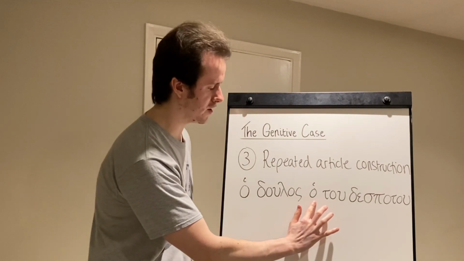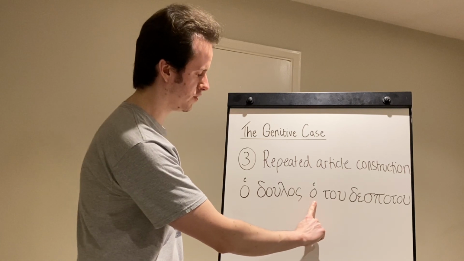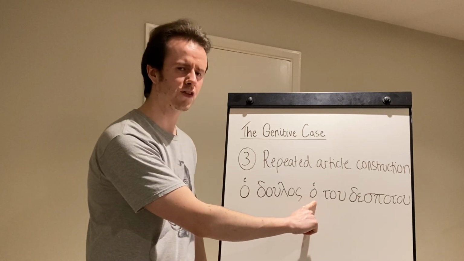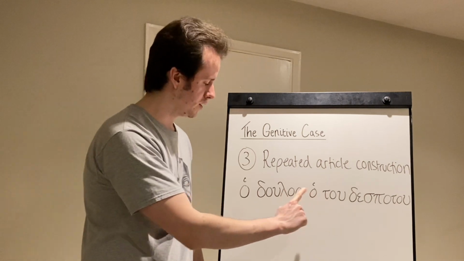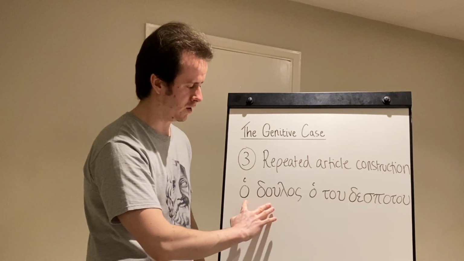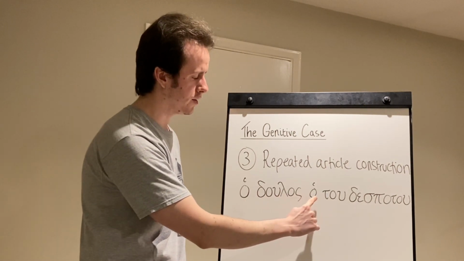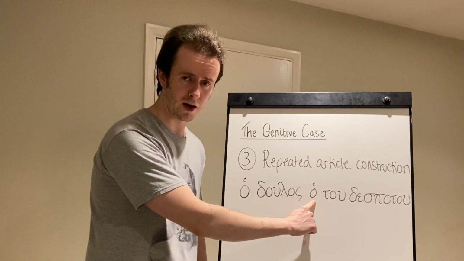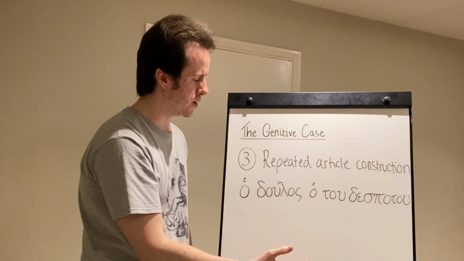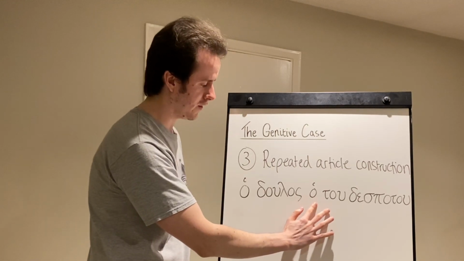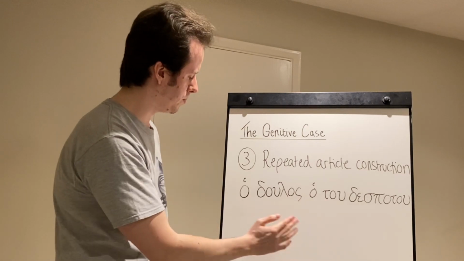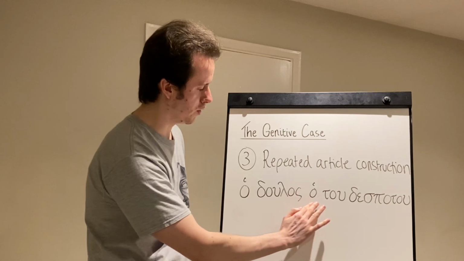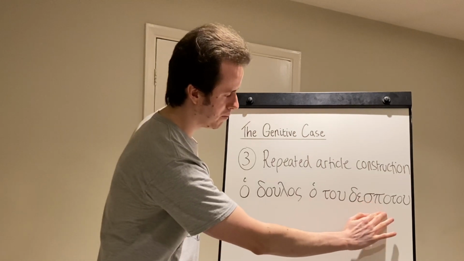And what this repeated definite article is being used to do is to essentially add more information about something that's already been mentioned. So the slave has already been mentioned, and the ho is telling you something extra about that slave. We might think of this repeated definite article as meaning the one. So therefore this would be the slave, the one of the master.